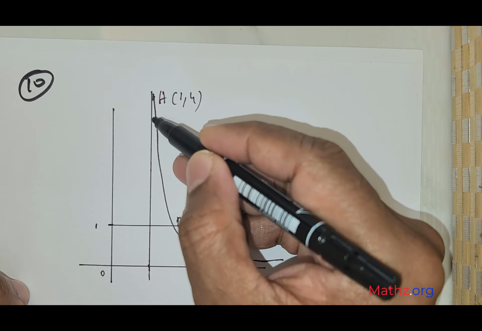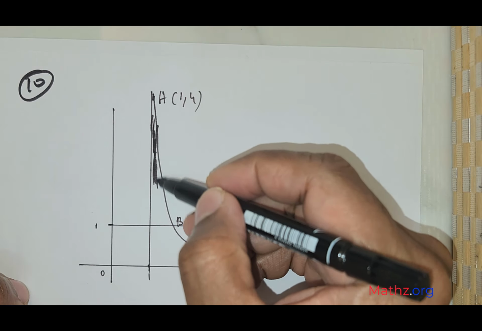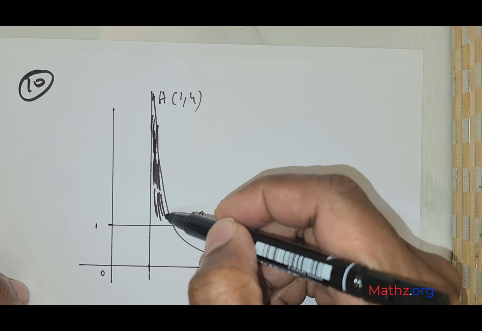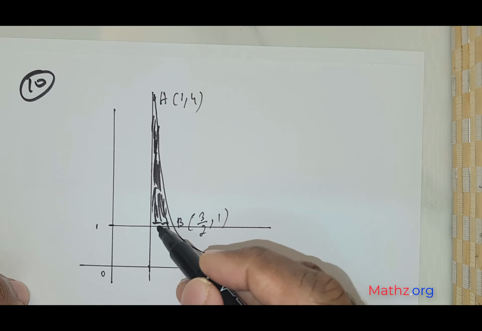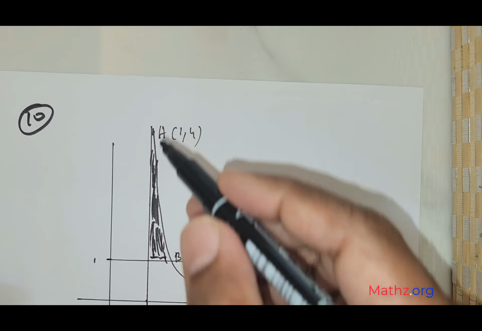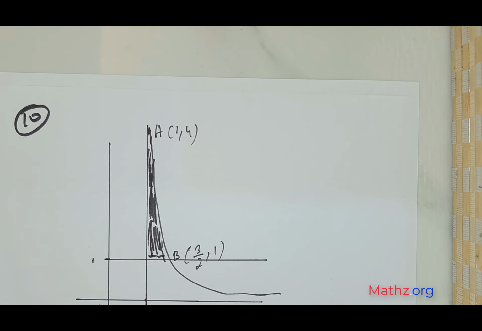So what they are asking us is, they want us to find the volume generated by the shaded region. So we will have to exclude the volume generated by the cylinder from this calculation. So that is a very important part we have to understand.